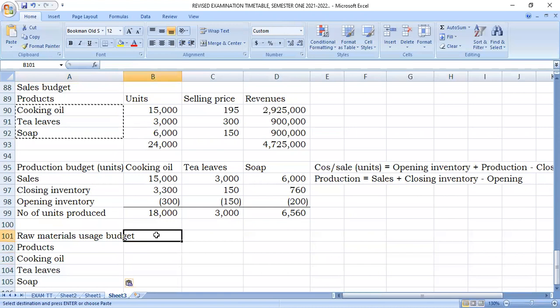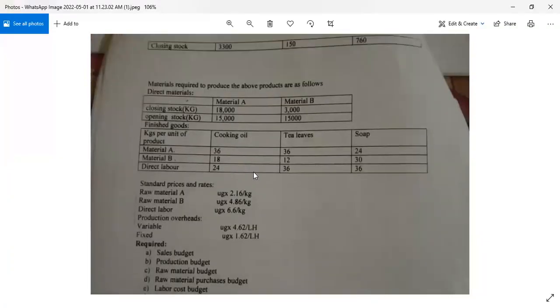Then you're interested in the materials. Okay. And these products were using several materials. They weren't using one. So if you check here, they're saying that the materials required to produce the above products are as follows. You have direct materials. Yeah. When they say direct materials, of course, that makes it variable materials, that they increase with the number of units produced.